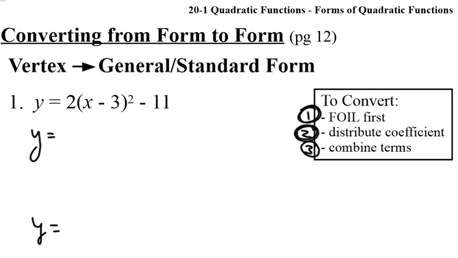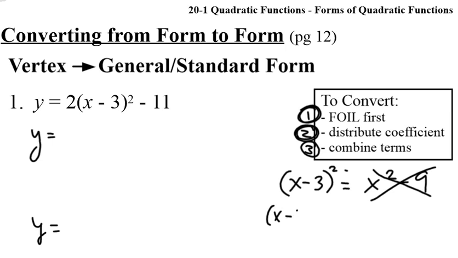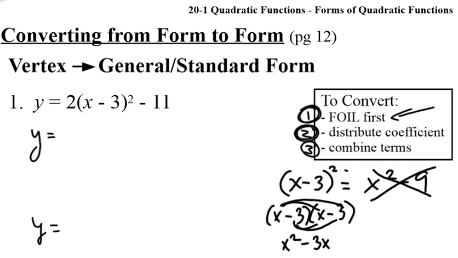Hopefully it shouldn't be too painful. If we take a look at the x minus 3 squared, so many students want to just say, oh, it's x squared and 3 squared is 9, so x squared minus 9. No! Squared tells us to multiply it by itself, which is a FOIL step. First, outer, inner, last, x squared minus 3x minus 3x plus 9.